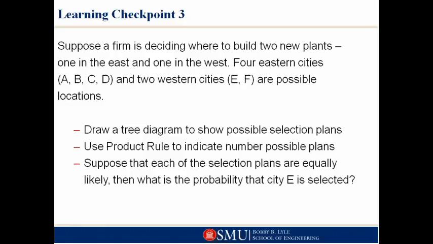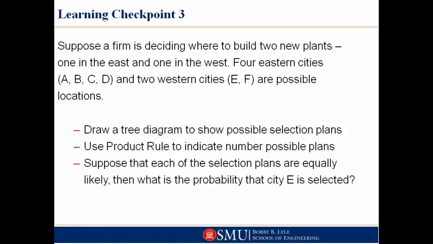Any of those 4 eastern cities, equal chance. Similarly on the West Coast, San Francisco and Los Angeles, Seattle, whatever you want to do, assign to those two western cities. Draw a tree diagram to show the possible selection plans. Use the product rule to indicate the number of possible plans you could have.